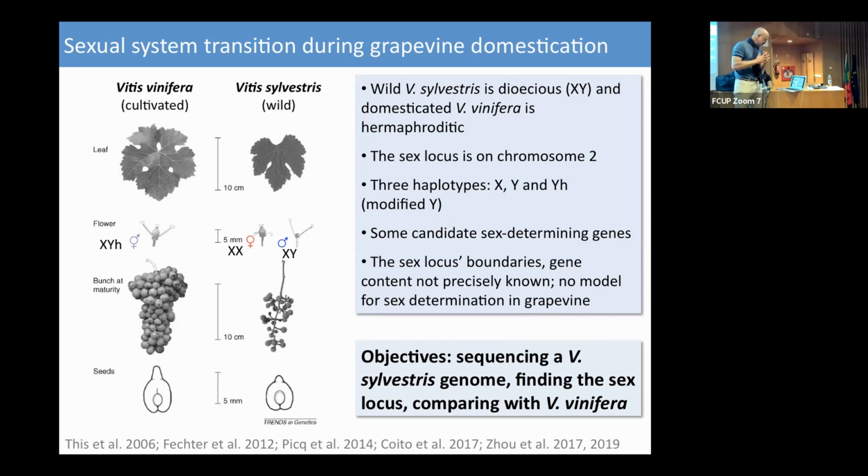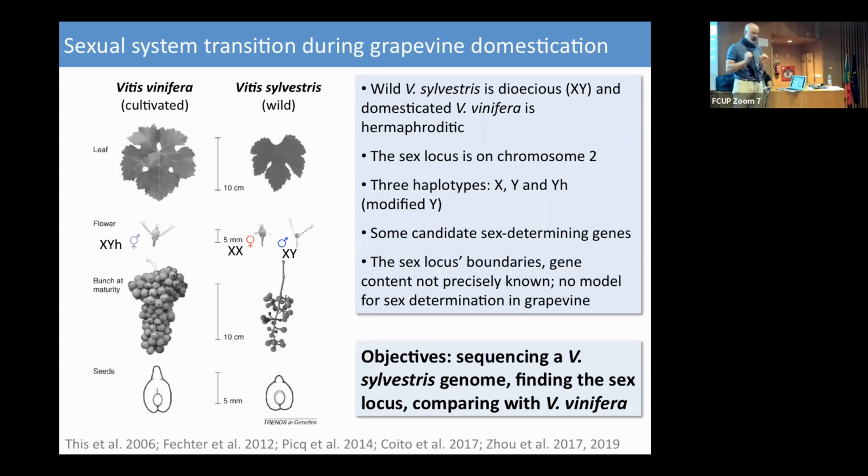Even some candidates have been proposed, but before we started our study, the sex locus boundaries and gene content were not precisely known, and there was no model for sex determination in grapevine.